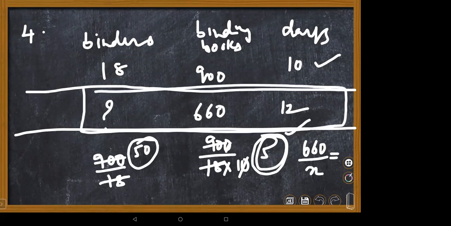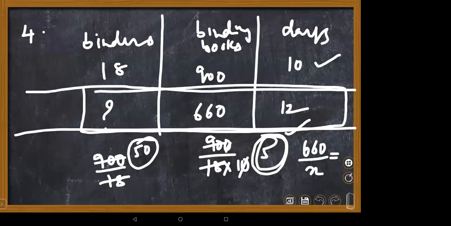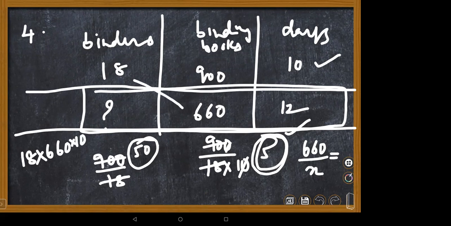How are you equating here? Ma'am, I did it in 2 minutes. I got it correct, ma'am. 18 into 660 into 10 by 900 into 12 is equal to 11. 11 is x. 900 into 12, 12 into x.